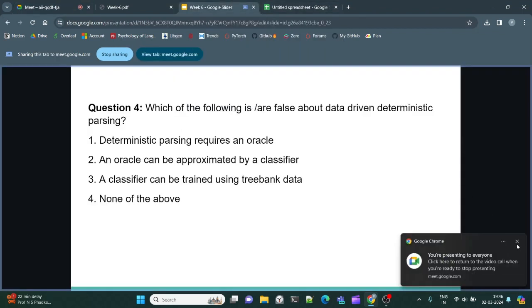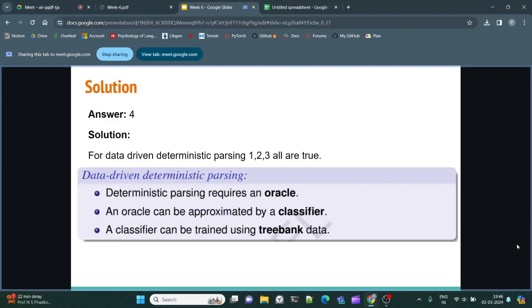All right then. So I think we can just discuss the official solution once. For data-driven deterministic parsing, there are three things. In the lectures, two types of deterministic parsing were discussed.